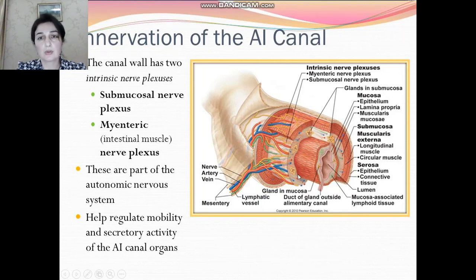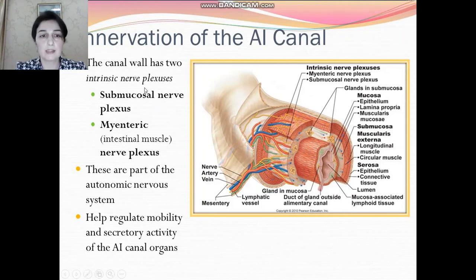You will have to know that the alimentary canal has two components of innervation. First, the intrinsic component, which is called the enteric nervous system, and the extrinsic component. The extrinsic component is composed of sympathetic and parasympathetic innervation, and the enteric nervous system is located in two regions in the wall of the alimentary canal.